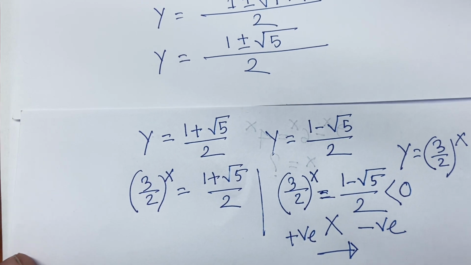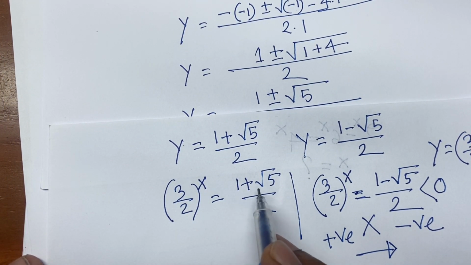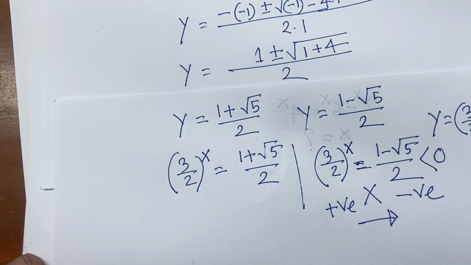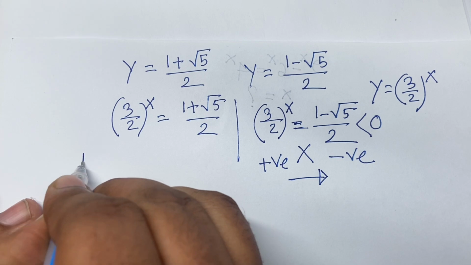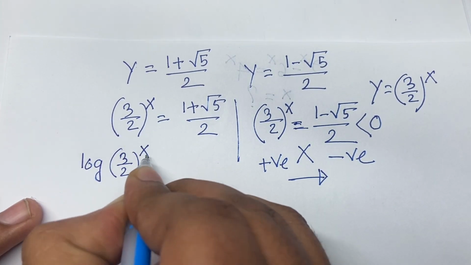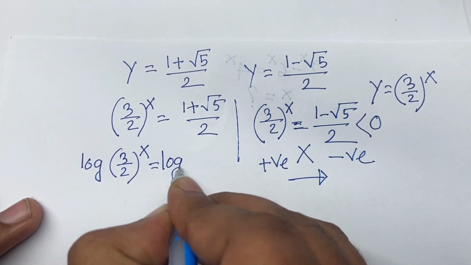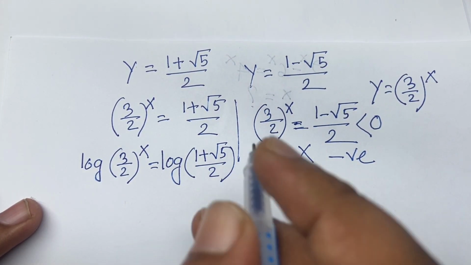And here (3 over 2)^x is equal to (1 plus square root 5) over 2. Now I take log on both sides. This time I can say log of (3 over 2)^x is equal to log of (1 plus square root 5) over 2.